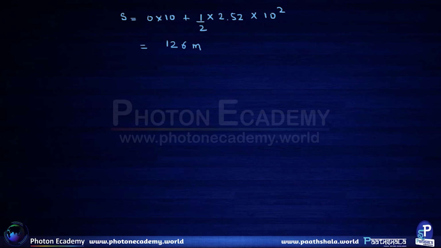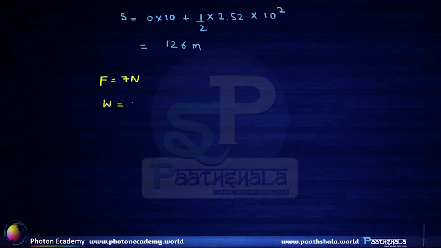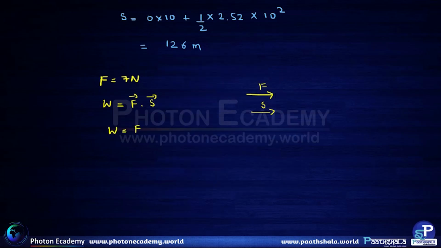So we can find the work done by the applied force. Applied force, that is capital F, equals 7 Newton, and we know that work done is the dot product of force and displacement. As the force applied is horizontal, and displacement is also in the same direction, therefore W equals Fs cos theta.